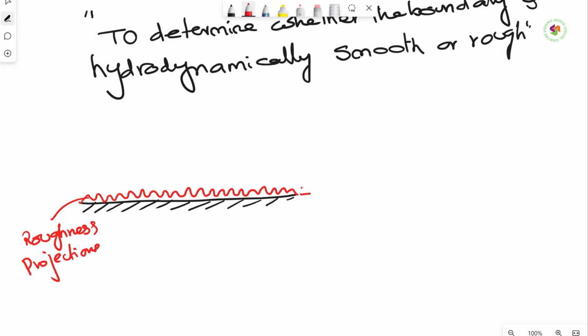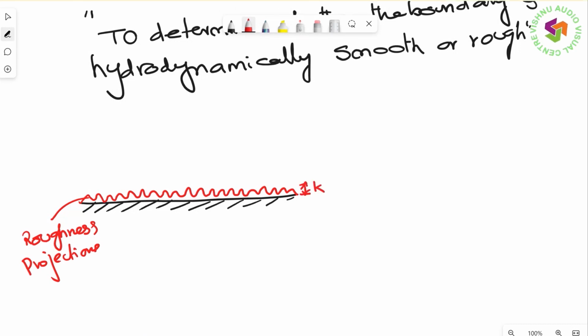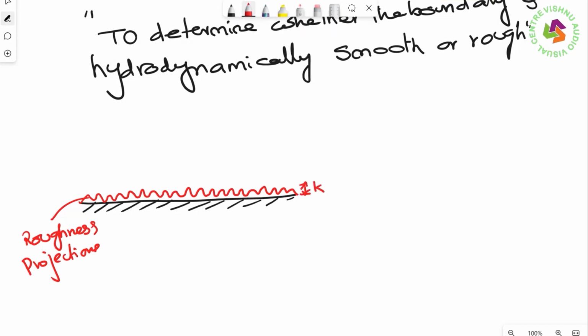If I take the average height, it may be some K. Suppose this is how the laminar sublayer is. This is the laminar sublayer.